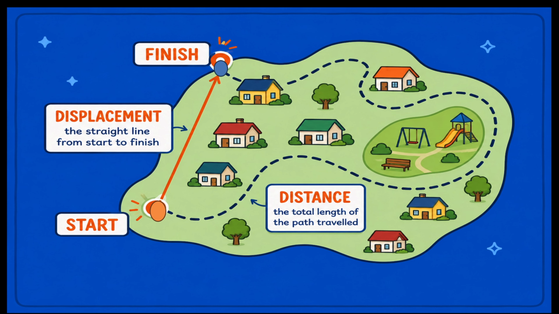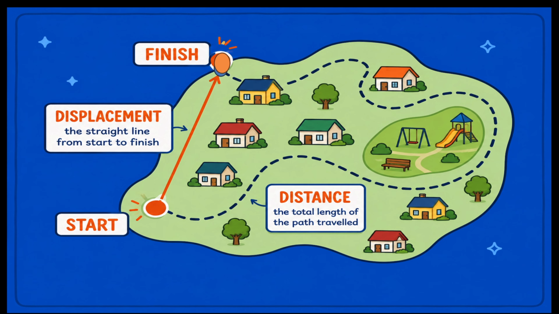In the image, the starting orange arrow and dot represent displacement. Even though the person may have traveled along a long and winding route, the displacement is simply the straight line connecting the starting point to the finishing point.